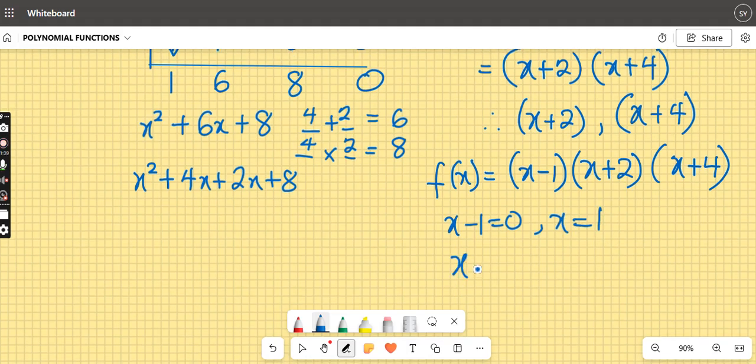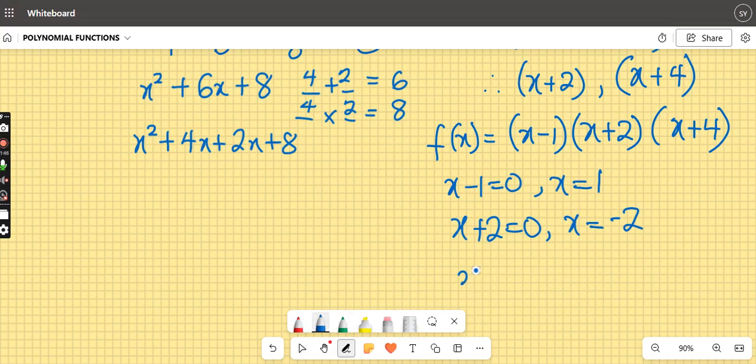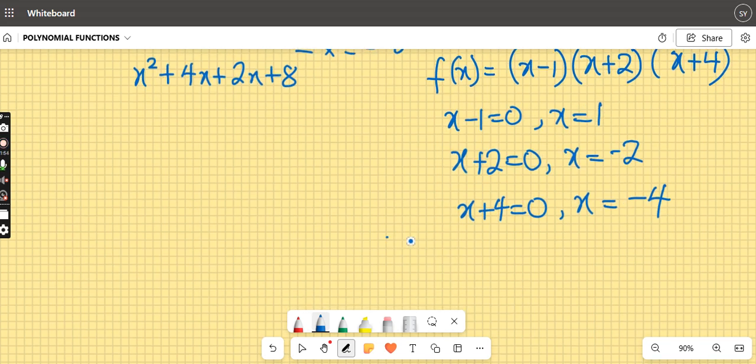The second one, x plus 2 equals 0, x equals negative 2. The third one, x plus 4 equals 0, x equals negative 4. And so the zeros of the function would be negative 4, negative 2, and 1.